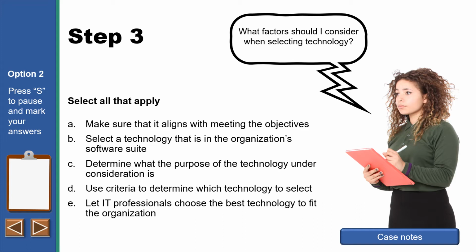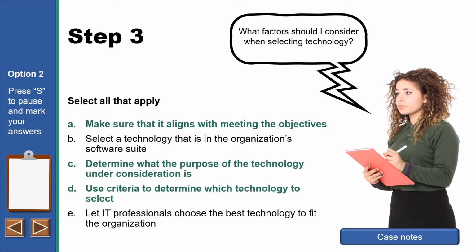Continuing on, considering what factors should I consider when selecting technology? From the section, my choices are make sure that it aligns with meeting the objectives, and a lot of this comes back to that needs analysis because the objectives line up with the outcomes. Determine what the purpose of the technology under consideration is.